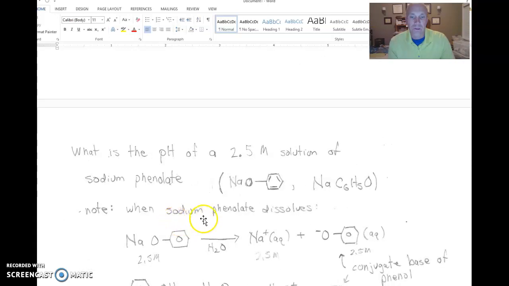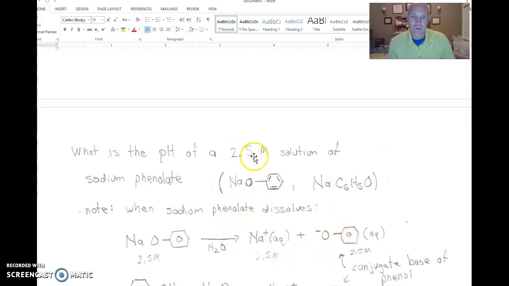So when sodium phenolate dissolves, it's going to break apart into its ions just in the same way something like sodium chloride would. So when this dissolves, it's going to break apart into its positive ion, which is sodium, and its negative ion, which is what you would call a phenolate ion or a phenolate anion because it's a negative ion.